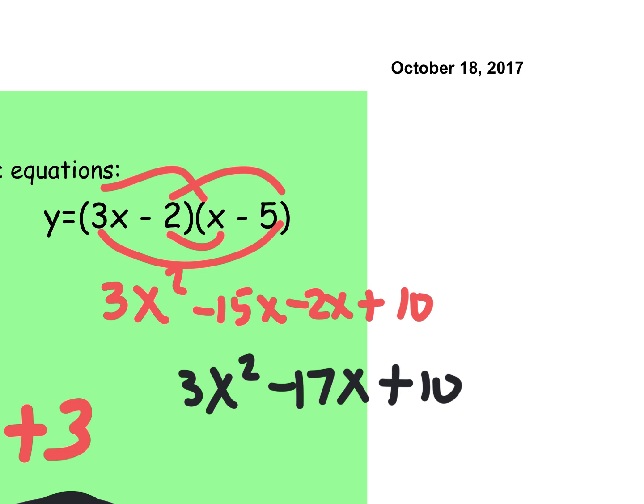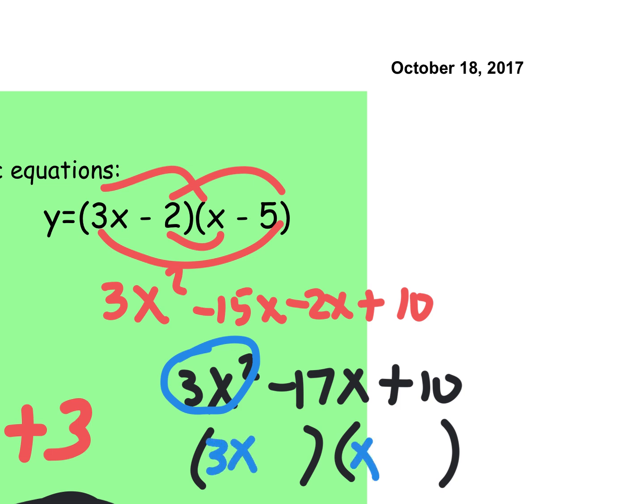Nice. Okay. Now, act like it was a factoring problem. I'm just going to choose not to look at the answer because I don't have to. 3x squared could be broken up into a 3x and an x. This time, is it both pluses? No, because if there is a negative, then there has to be at least one negative. So the first one is negative because one of them has to be negative.